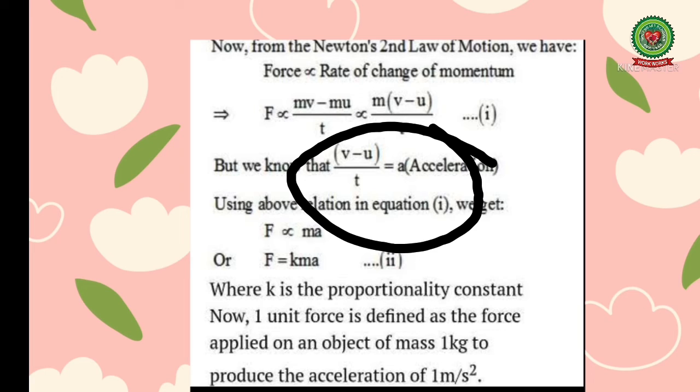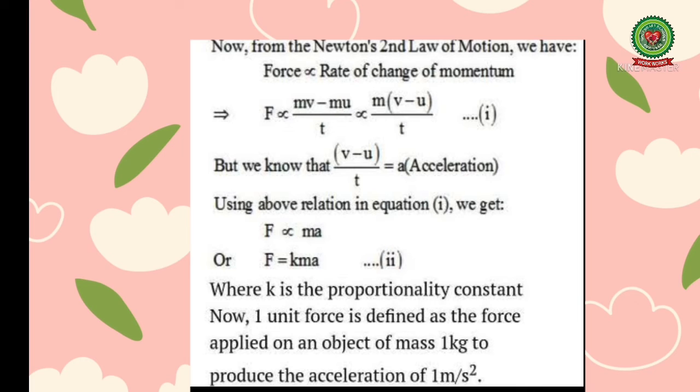So a equal to v minus u over t. On putting the value of acceleration, we will get F is proportional to m into a, and on removing the proportionality sign, we will get F equal to k into m into a. Here k is a constant of proportionality and its value is 1.